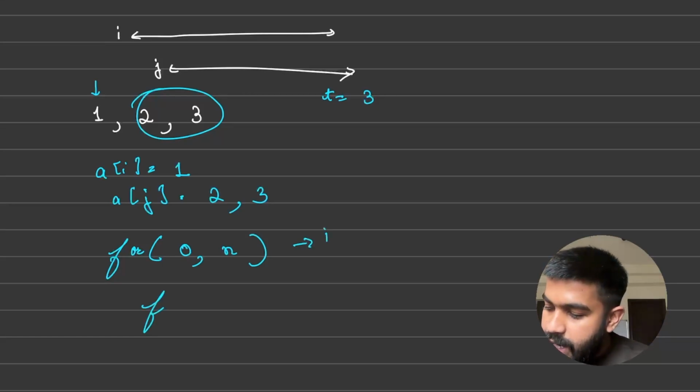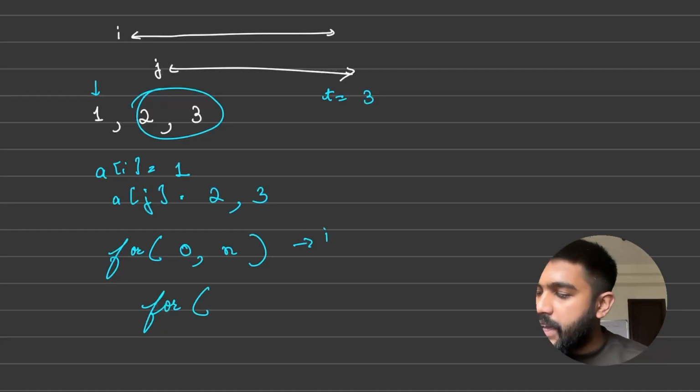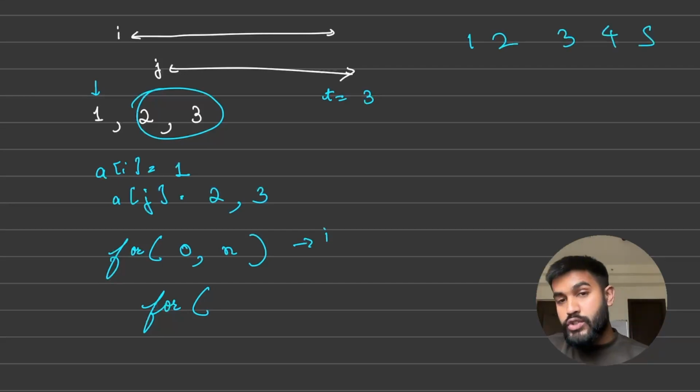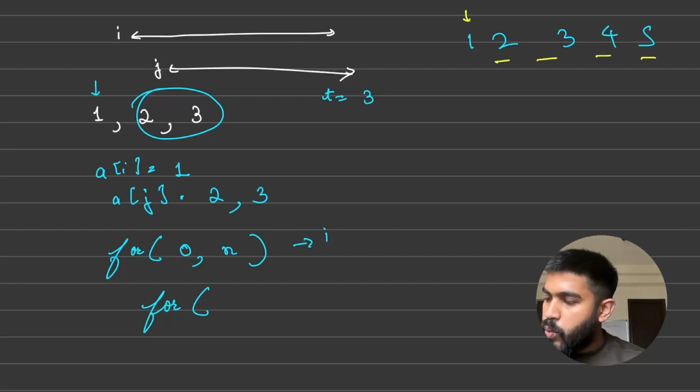Then I would have a nested loop which would go just after I. Why just after I? Let's say the elements are 1, 2, 3, 4, 5, and the target is 4.